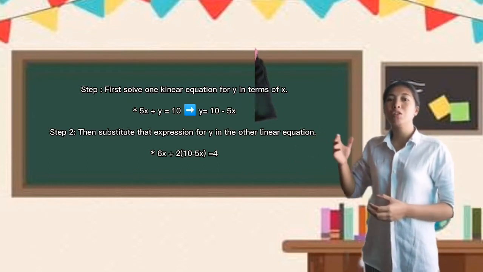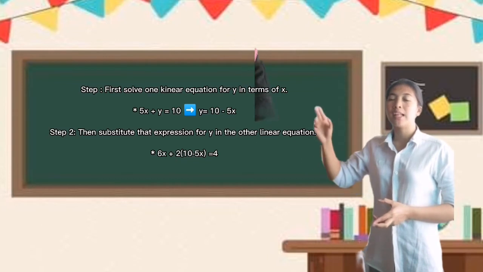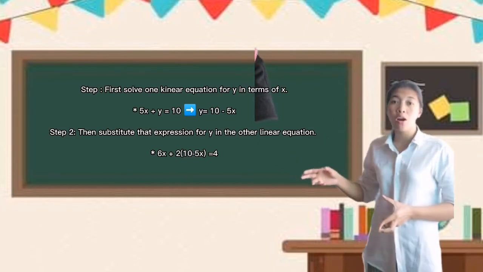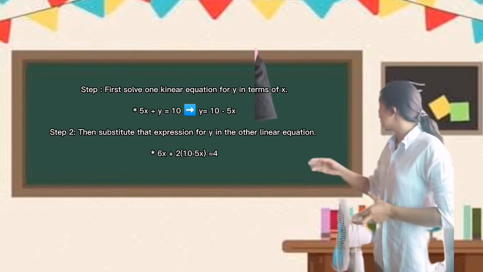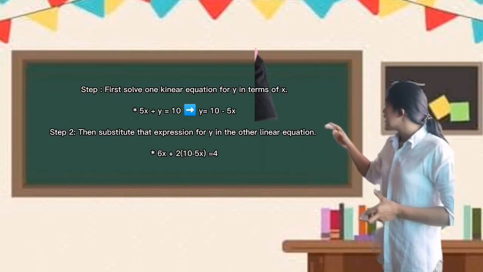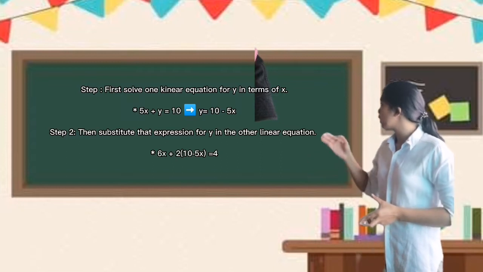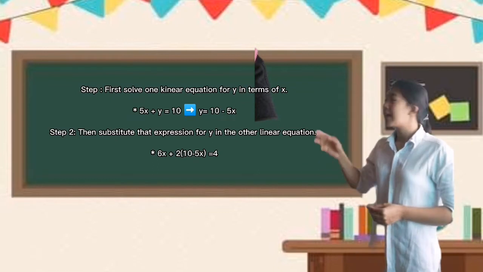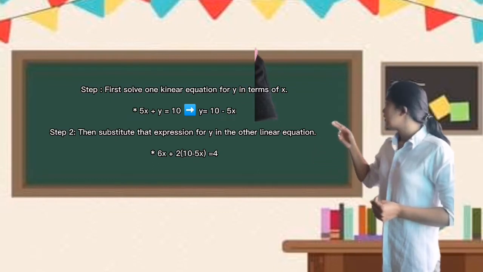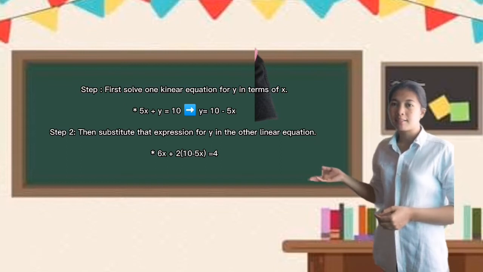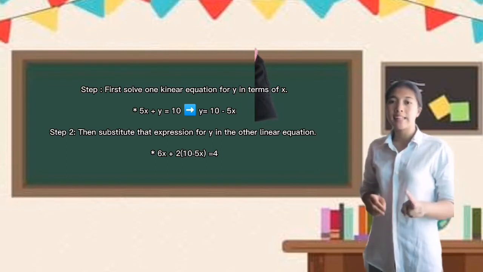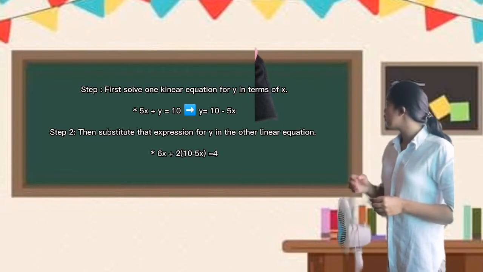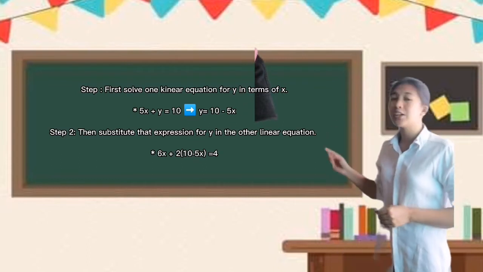So we need to transpose the 5x to the left side in order to find the expression of y. So we have here 5x plus y is equal to 10, and transpose 5x, so it will become y is equal to 10 minus 5x.